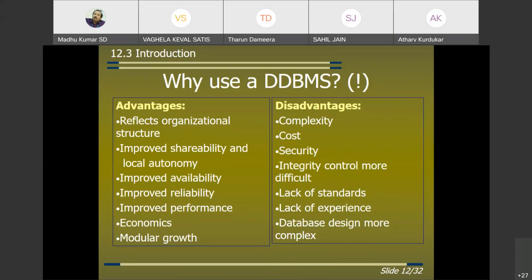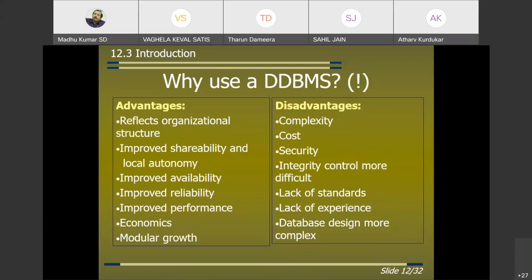What exactly the organization looks like, you will design the DBMS accordingly. I don't know whether this can be a good example. For example, you know that there are 31 NITs in the country.